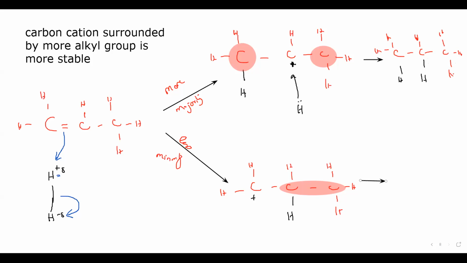And for the other case, the hydrogen ion which was produced in the first reaction is attracted towards that carbon cation, and that results in the formation of a product.